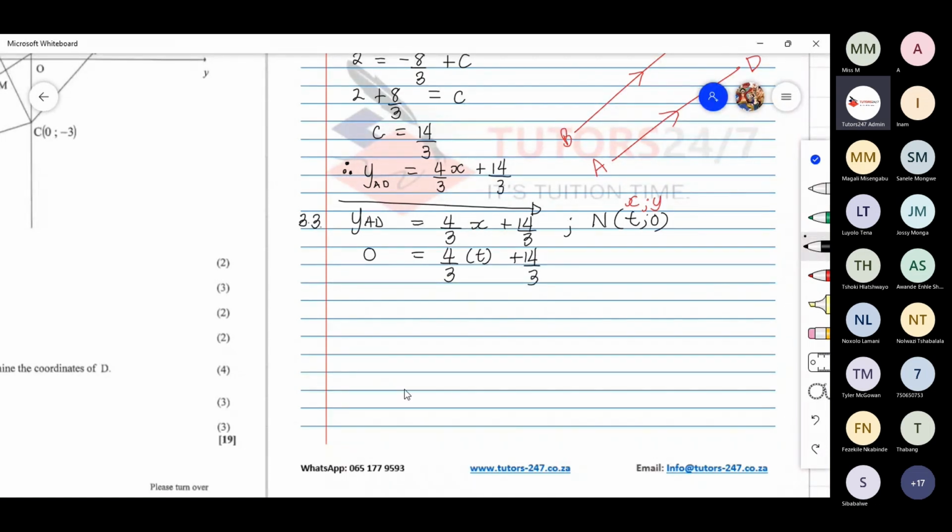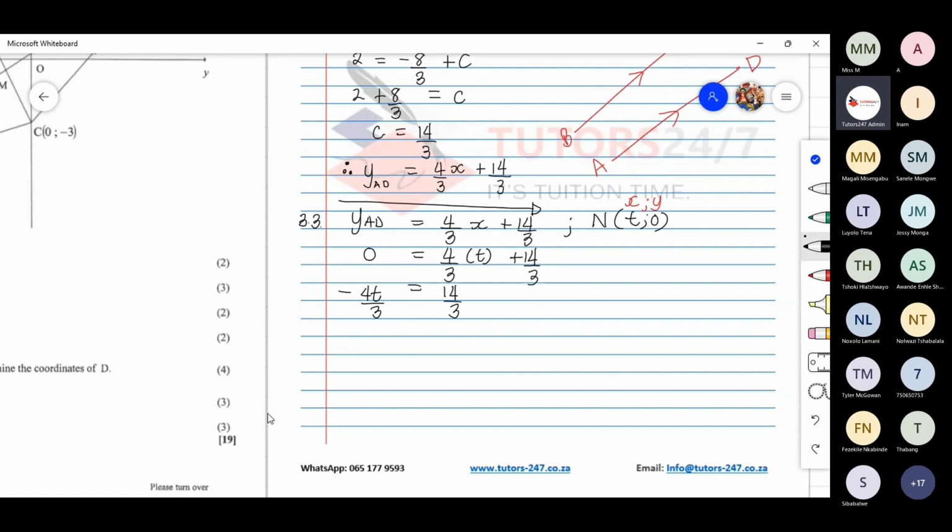So what I'm going to do is move 4 over 3t to the left. So that's going to become negative 4t over 3 equals 14 over 3. Now, there's a few options that you can use depending on your preference.